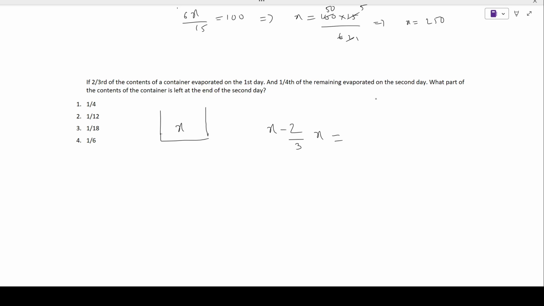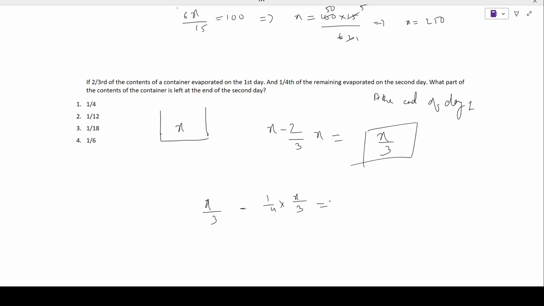So at the end of day 1, we have x by 3 contents left. Now on the second day, one-fourth of the remaining, that is one-fourth part of the x by 3 is evaporated again.